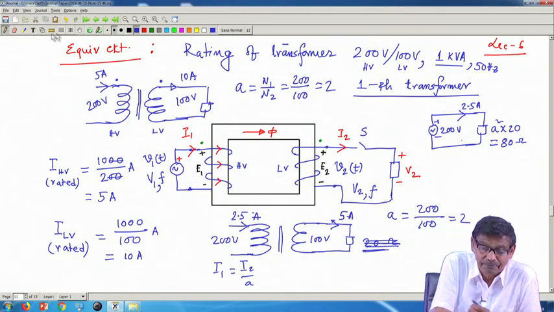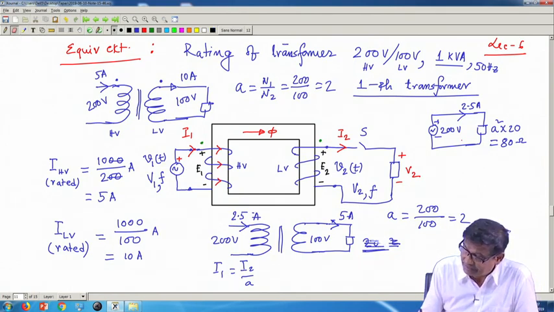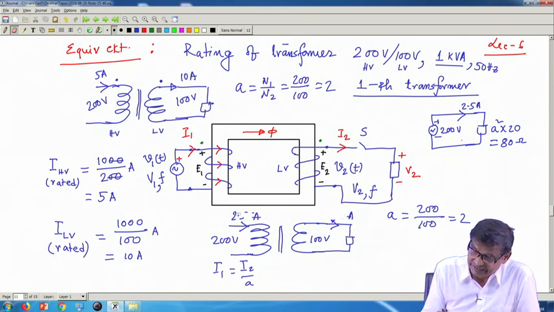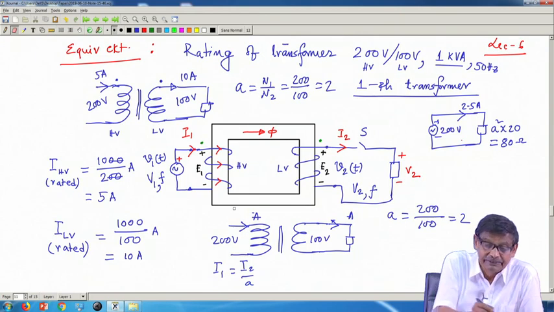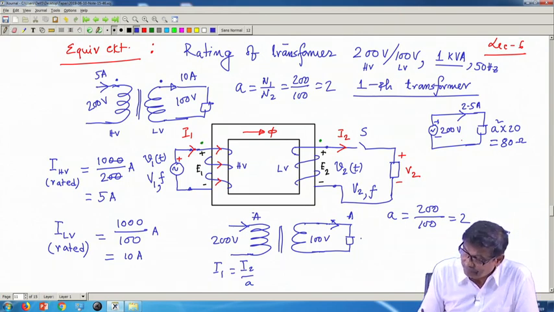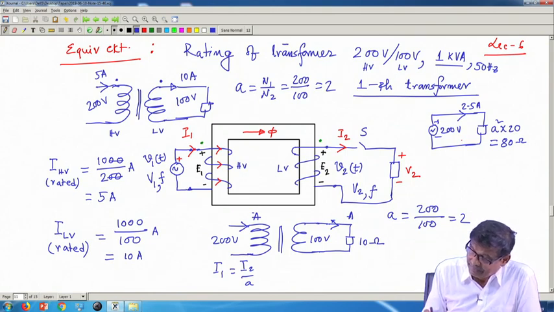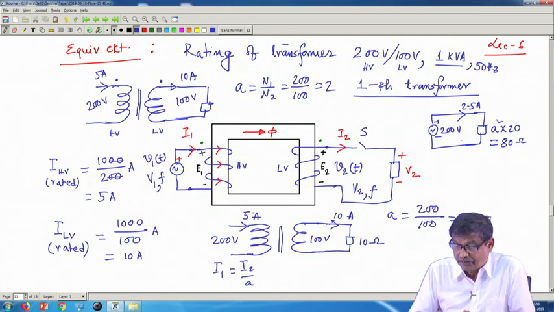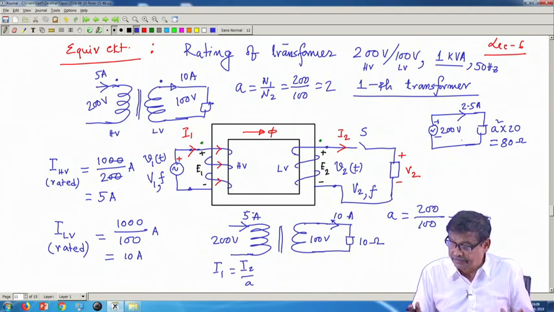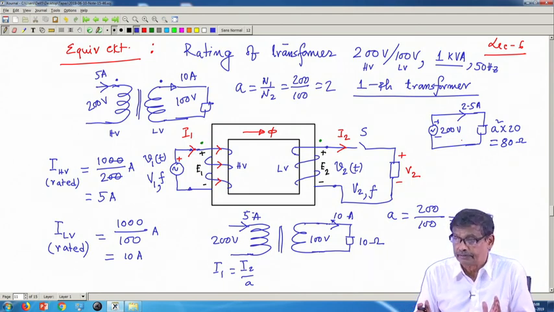At rated condition, if you want to apply, I will connect here 10 ohm, and then this current will be 10 ampere rated current, and this current will be 5 ampere, and I will say the transformer is operating at full load condition when the currents are rated.